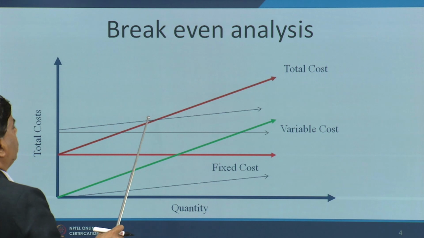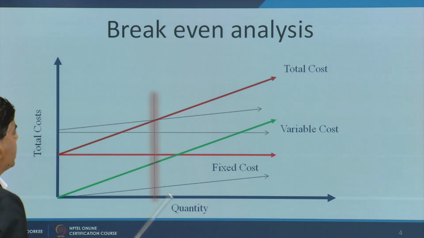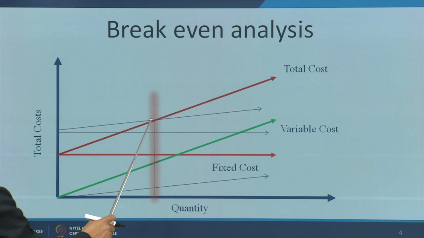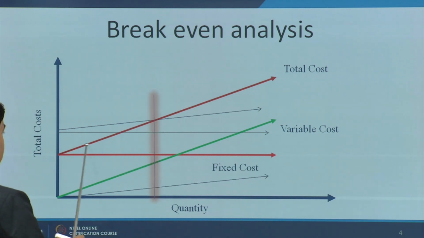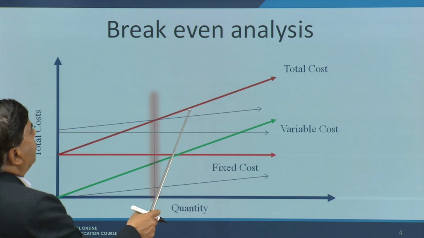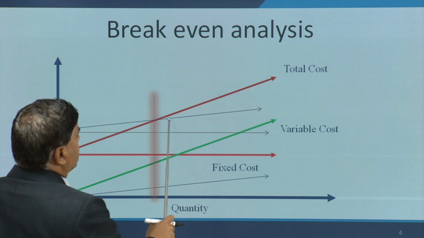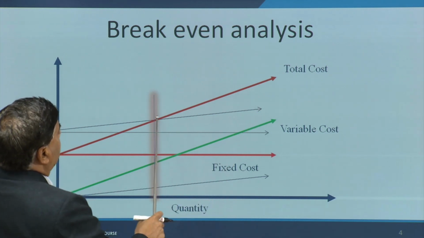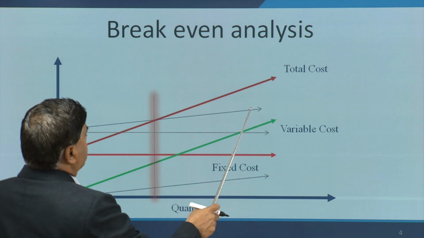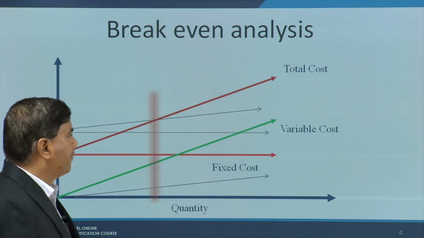If we compare, both these total cost lines intersect at this point, which suggests that option 1, corresponding to the red line, is cheaper for making low volumes, less than this particular volume, and option 2, corresponding to this line, which is the total cost line for option 2, has lower total cost for higher volumes beyond this particular limit.